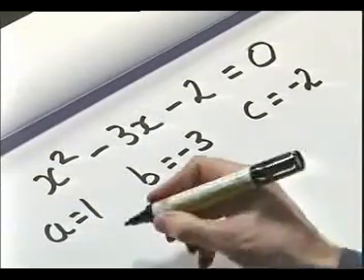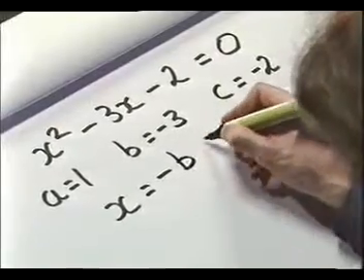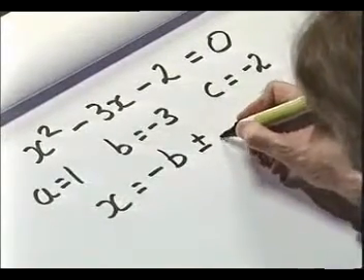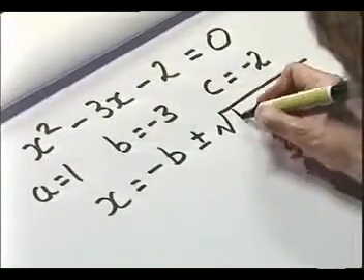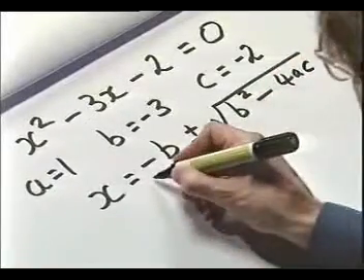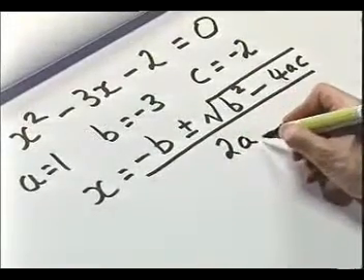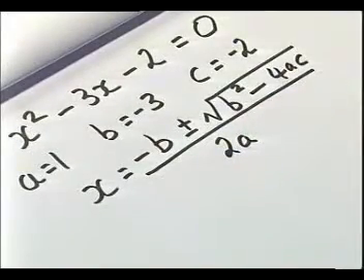Let's write down the formula. x equals minus b plus or minus the square root of b squared minus 4ac all over 2a. By writing it down each time, it's a way of helping to remember it.